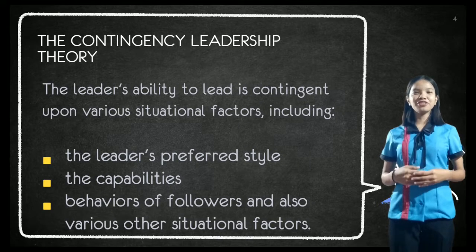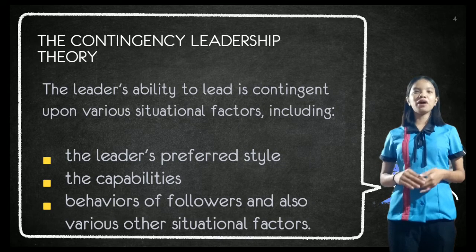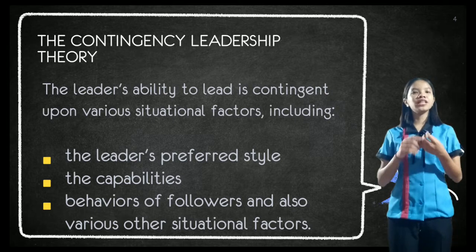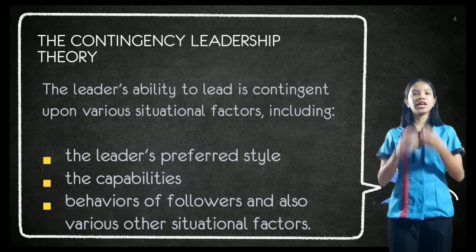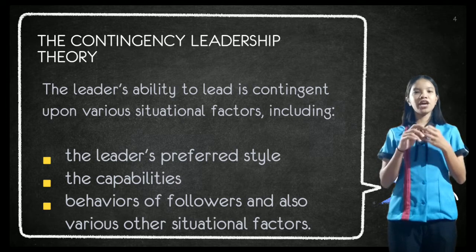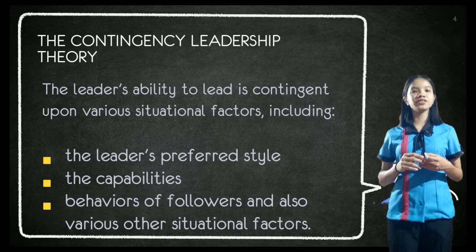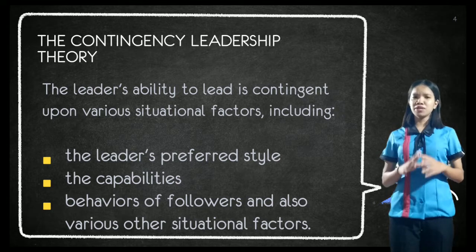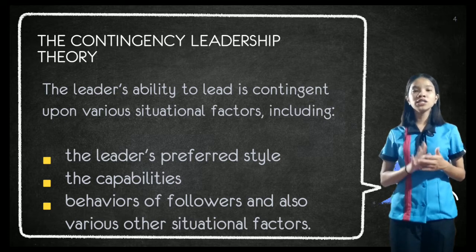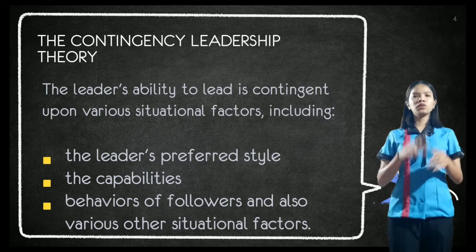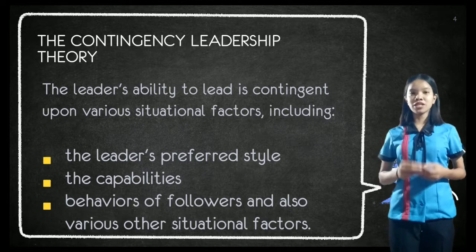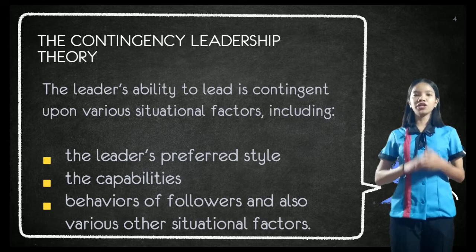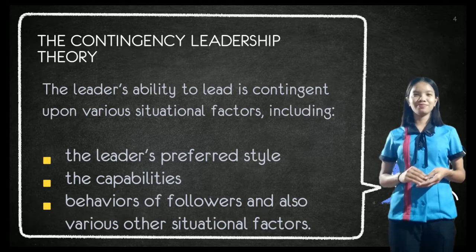The leader's ability to lead is contingent upon various situational factors, including first, the leader's preferred style, the capabilities and behaviors of followers, and also various other situational factors. This means that there is not one single ideal approach to leading because circumstances may vary. So, change the behavior according to the situation.